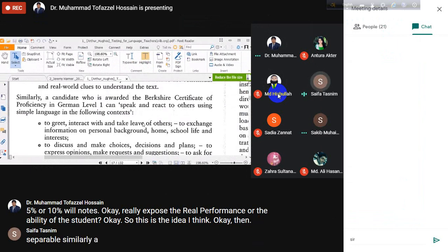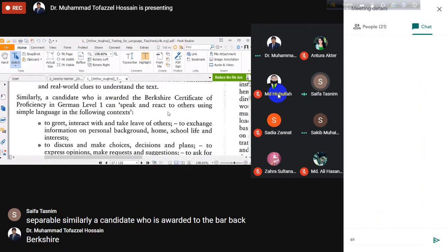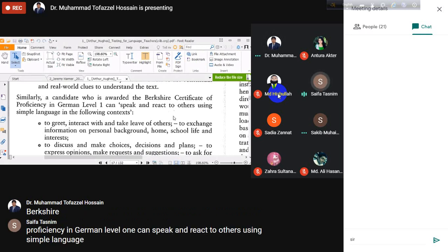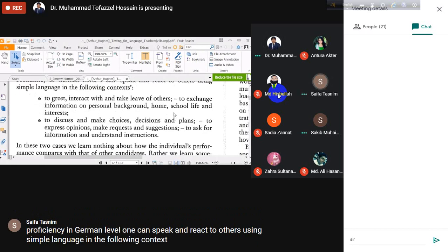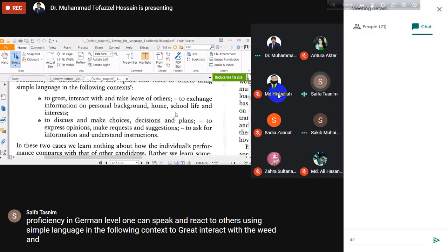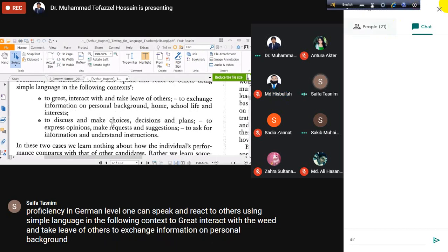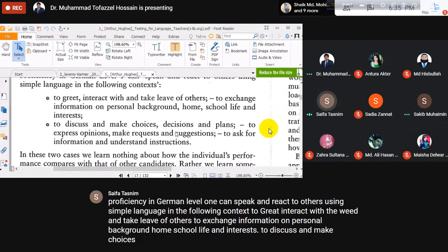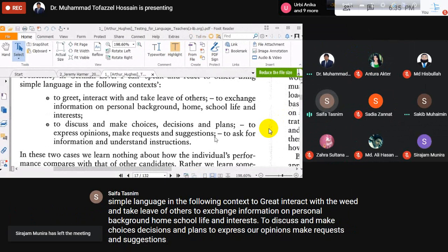Similarly, a candidate who is awarded the Berkshire Certificate of Proficiency in German Level 1 can speak and react to others using simple language in the following contexts: to greet, interact with and take leave of others, to exchange information on personal background, home, school life, and interests, to discuss and make choices, decisions, and plans, to express opinions, make requests and suggestions, to ask for information and understand instructions.